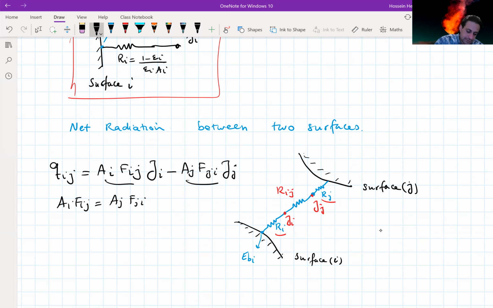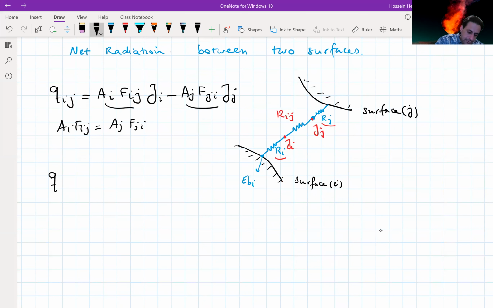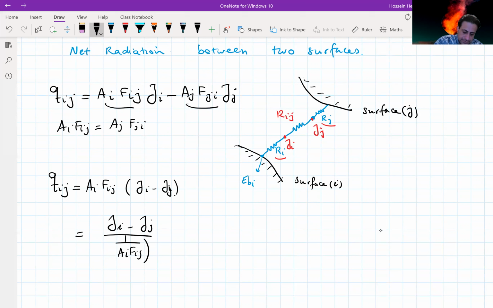So Qij would be Ai Fij times Ji minus Jj, the difference between the radiosity of surface I and J. So I can rewrite that as Ji minus Jj divided by 1 over Ai Fij.